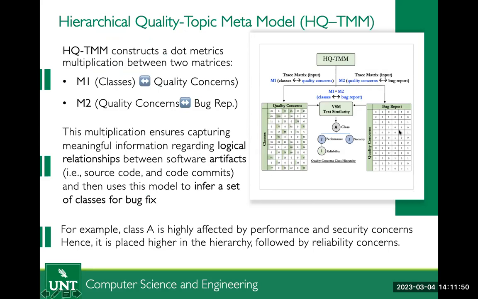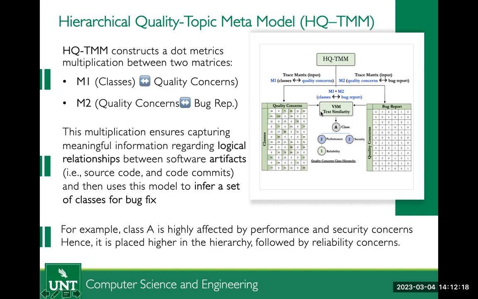We built two matrices. The first matrix, M1, constructs the relation between quality topics detected in the classes, code commits, and quality concerns. Then we employ hierarchical topic modeling, the HDP model, for aggregating low-level code features into source code to infer quality concerns at the high level. Next, we organize classes for each quality type or mixture of quality types.